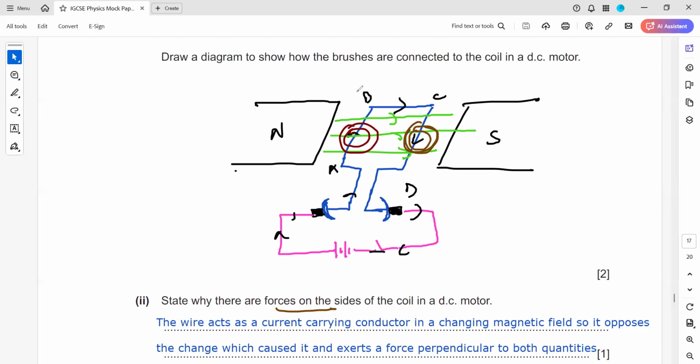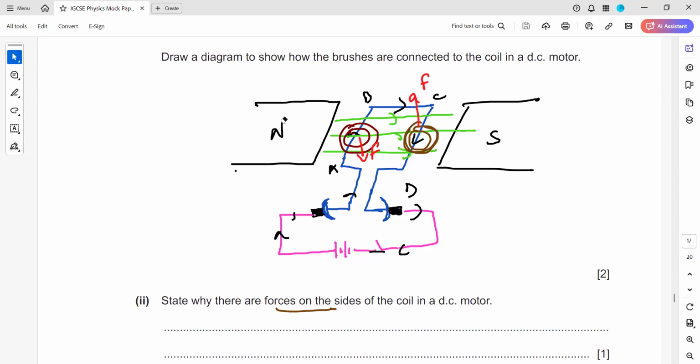So side AB will experience a downward force when you apply the left hand rule, and side CD will experience an upward force. The green lines are representing the magnetic field of the magnet, and the brown lines are representing the magnetic field of the wire. So what should be the more structured answer for this?